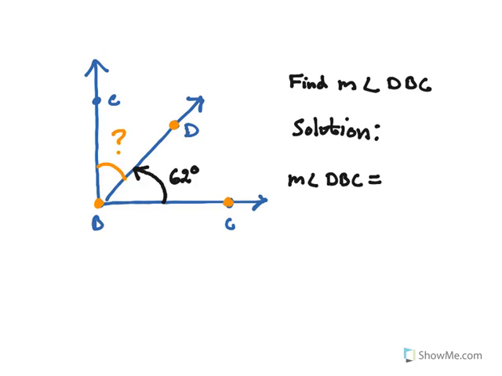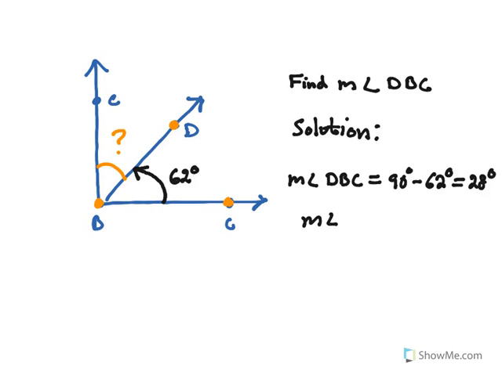Well, if you look at the ray starting at point B, traveling to C, and then the ray from point B, that is actually a 90-degree angle. So if you want to know what the missing angle is in orange, you would take 90 degrees and subtract 62 degrees, and you get 28 degrees.